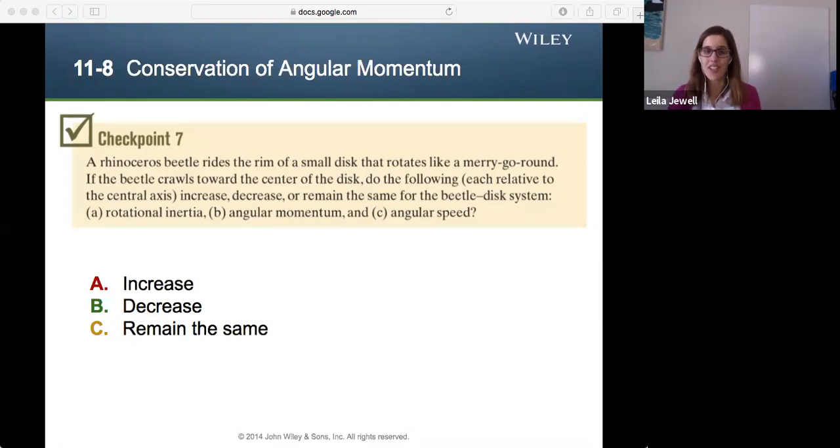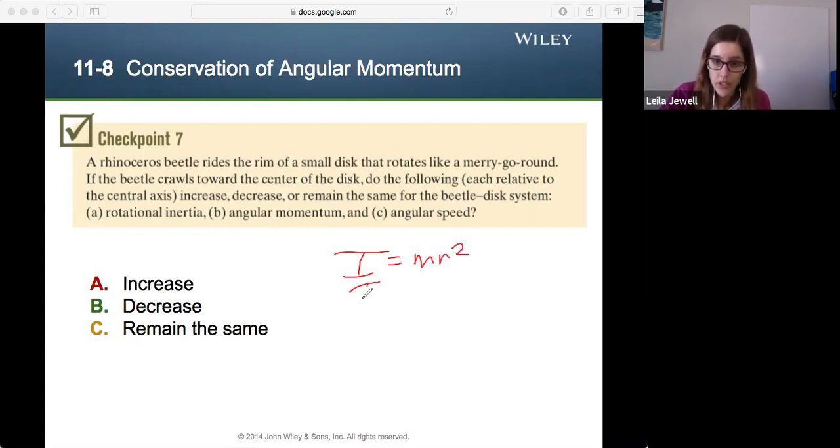Okay, I'm going to trust that you did that. Well, let's see. What's changing? The beetle is crawling towards the center of the disc. So if the beetle is moving to the center of the disc, then the beetle that has some mass is moving to a smaller r, right? Where we know that I is equal for a particle to mr squared.